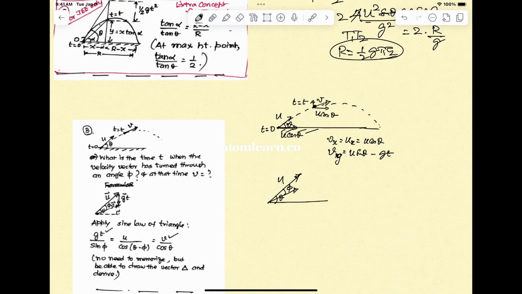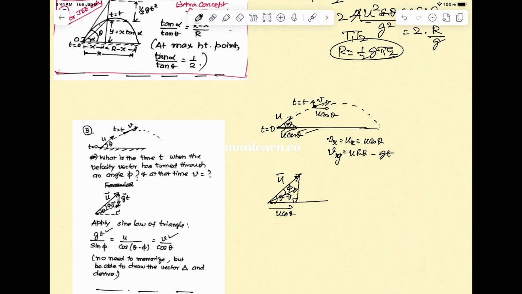The question asks for the time at which the velocity vector has turned through this angle. This is the v vector and this is the u vector. As we know, the horizontal component remains the same, so you drop a perpendicular. This is u cos theta, the horizontal component of the velocity.